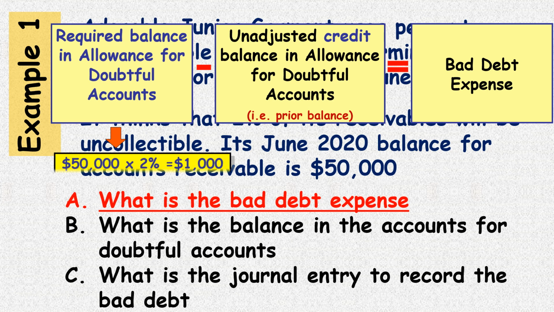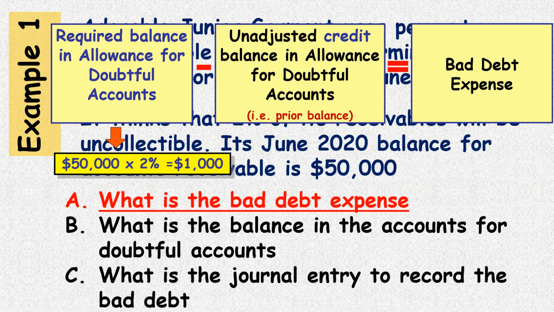Well, again, we are going to take the year-end receivables, which is $50,000, multiply that by the expected bad debt percentage, which the question tells us is 2%. That will give us $1,000 to be the required balance in the allowance for doubtful account. So our allowance account should have $1,000.